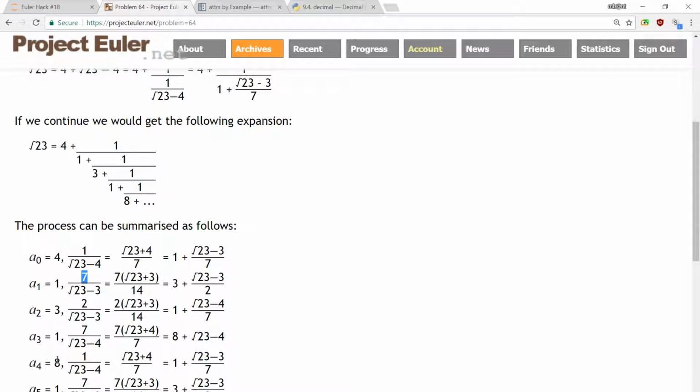Is it not just simply n minus the previous L? Yes, but we should multiply it: it's n multiplied by L minus the previous D.